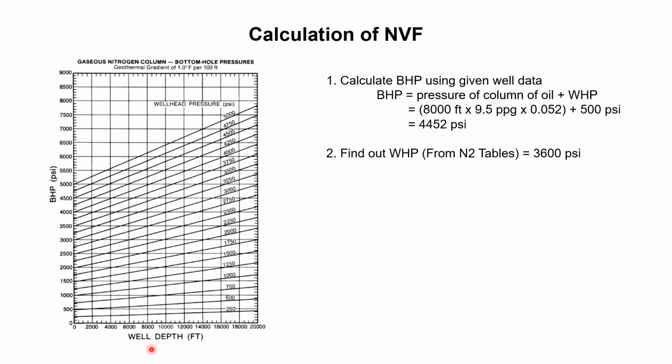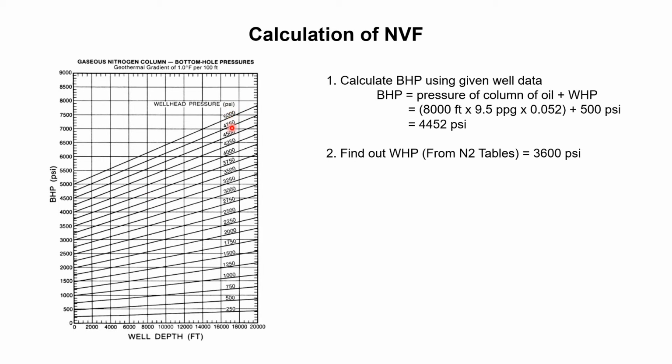So using the well depth, which is 8000 foot in our case, and the bottom hole pressure, which we have just calculated, 4452, we'll calculate wellhead pressure. So from here, well depth, we'll select this 8000 and then we'll move vertically upward in front of 4452. So it is approximately equal to 4500. So this is our point. From this point we will read the value of wellhead pressure.